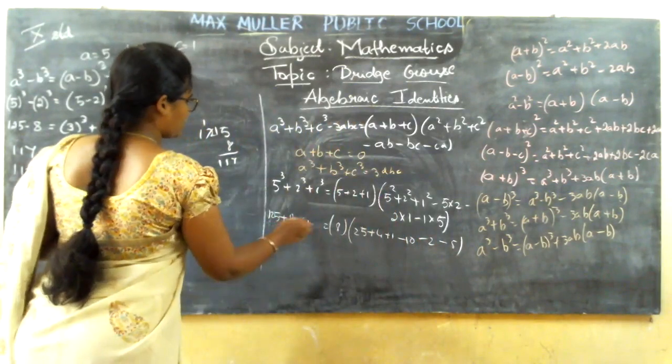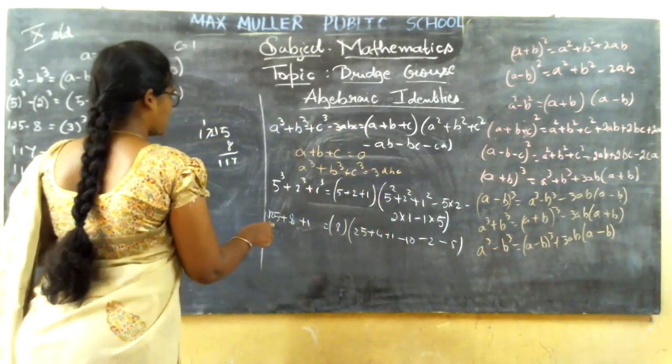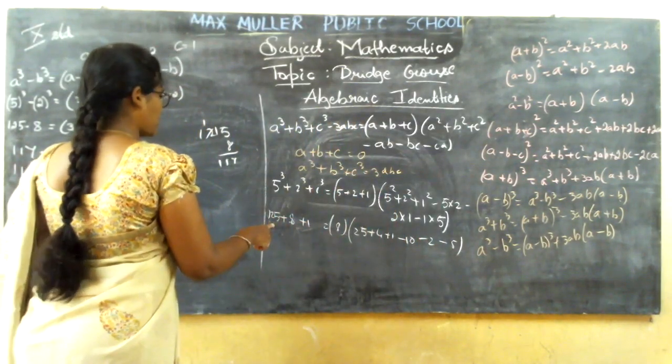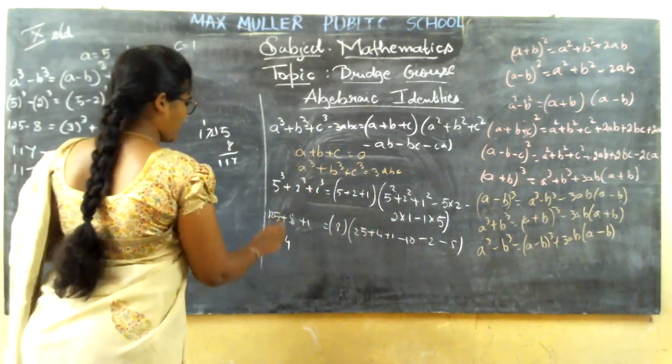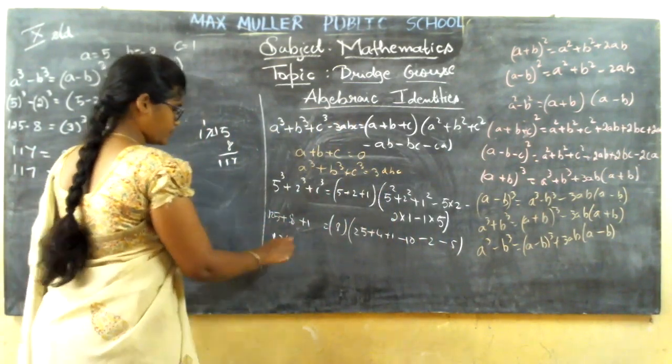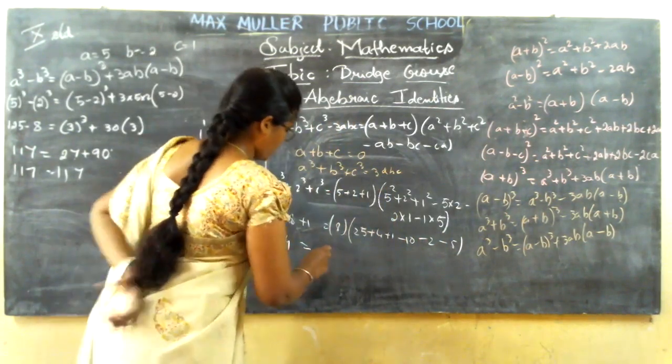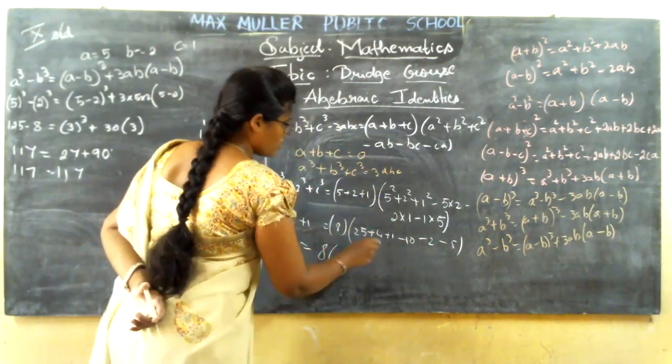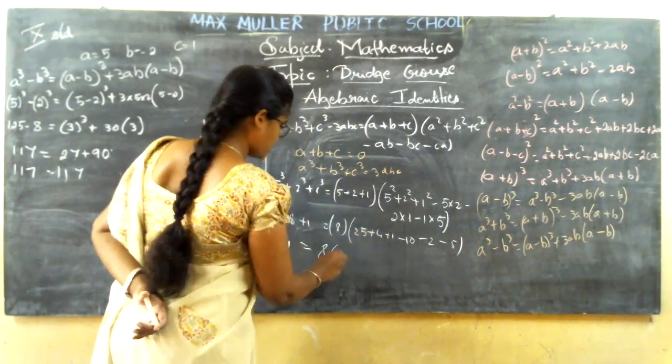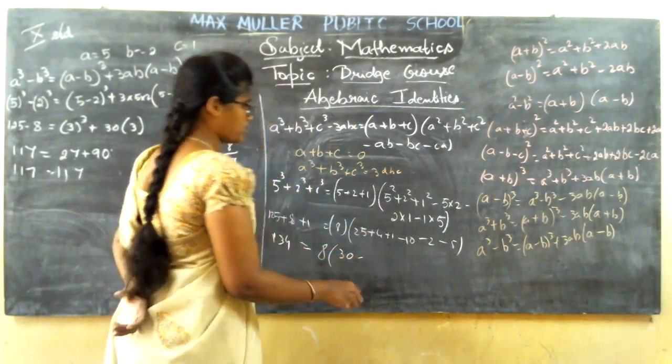So here it is 9, or you can take 6. 6 plus 4 is 10, 10 plus 4 is 14. Check, children, if there is any mistake. So here you have 5, it is 30 minus.